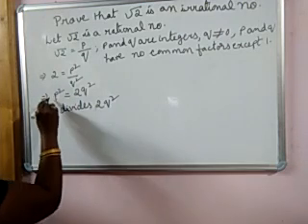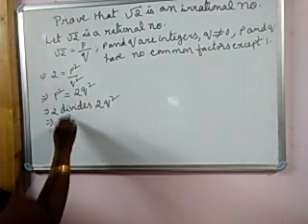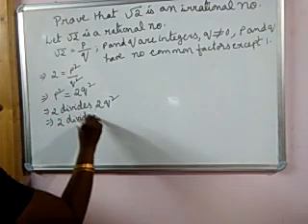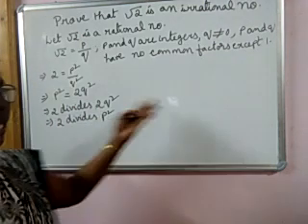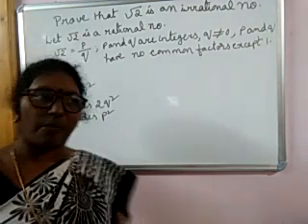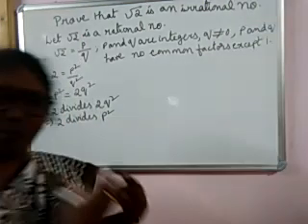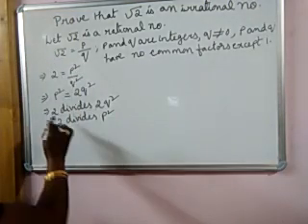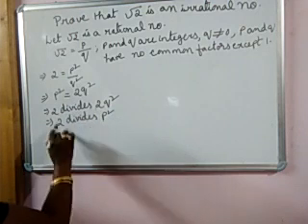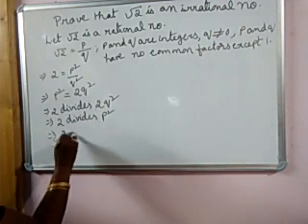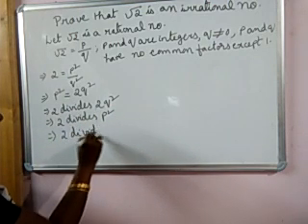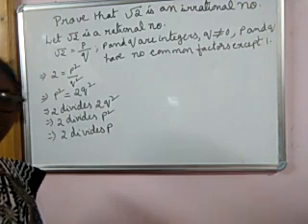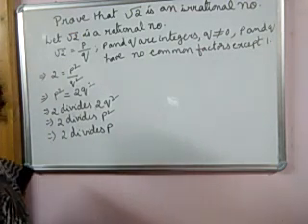But 2Q square equals P square. That means 2 divides P square. Just now we have learned the theorem that if P divides A square, P divides A. Same way, if 2 divides P square, 2 divides P. That means P is divisible by 2.